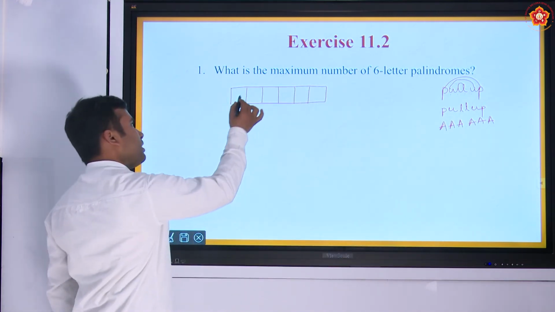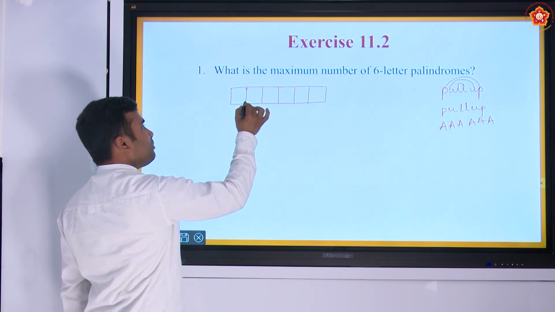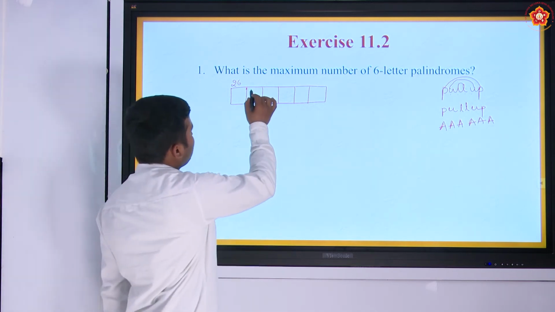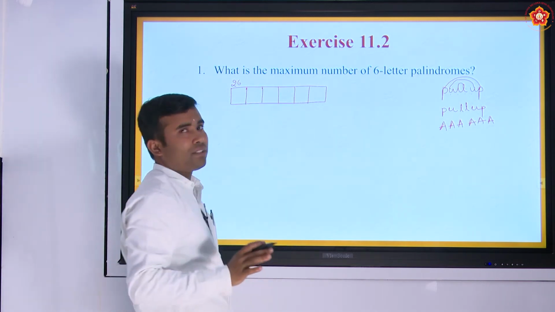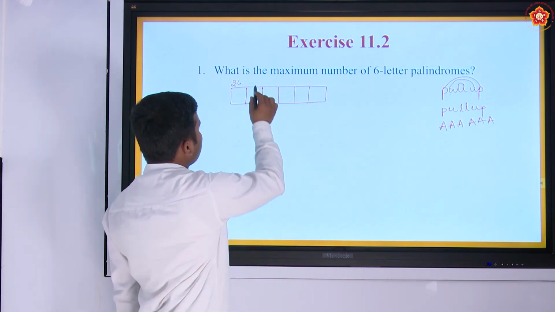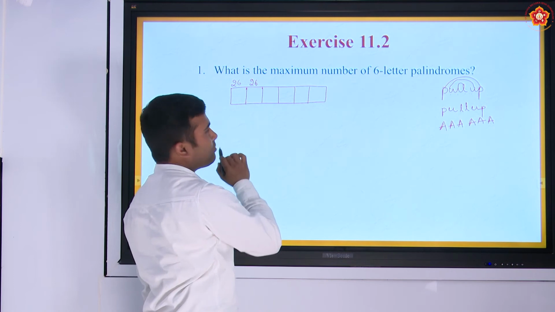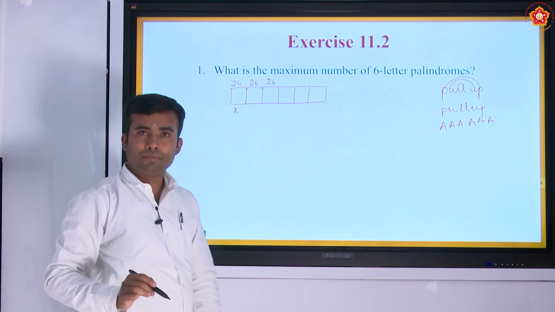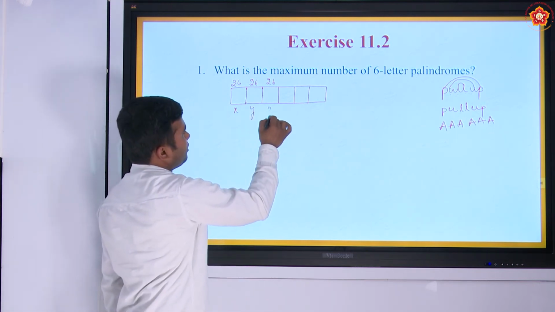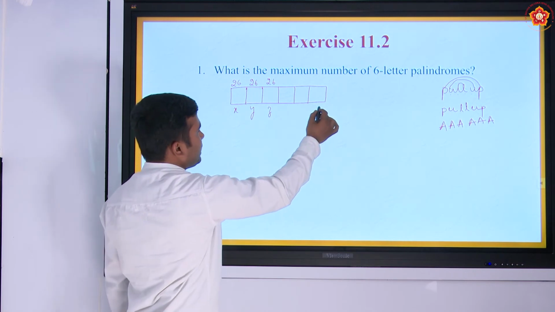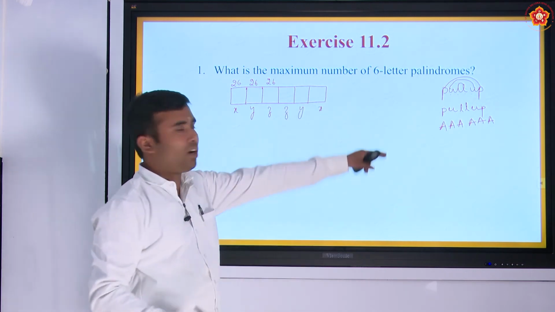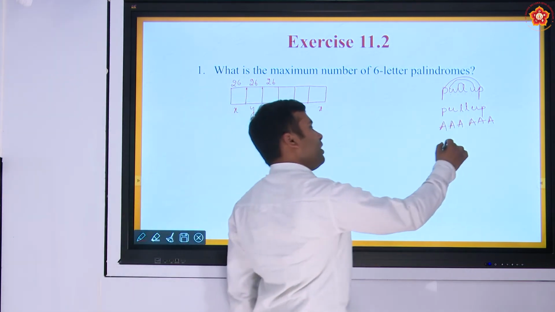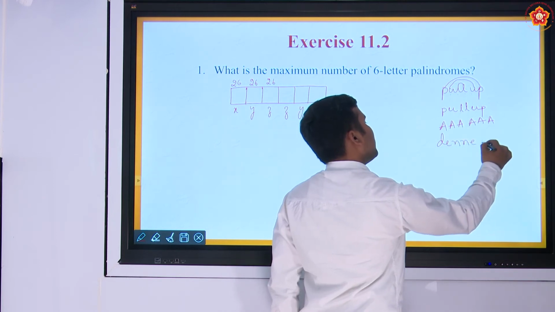Now, the first vacancy can be filled in 26 ways. And for the second one, the condition is not given whether repeated or non-repeated, so here also it will be 26, and here also 26. That means if you have x, y, z here, the same should be here, z, y, x, like dened, D-N-N-E-D.